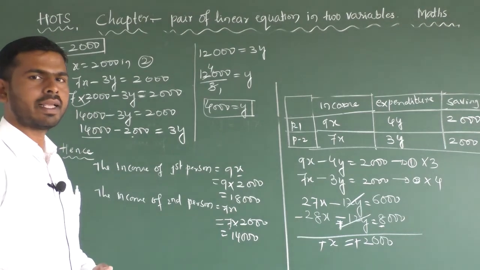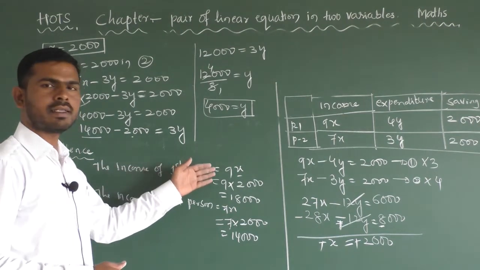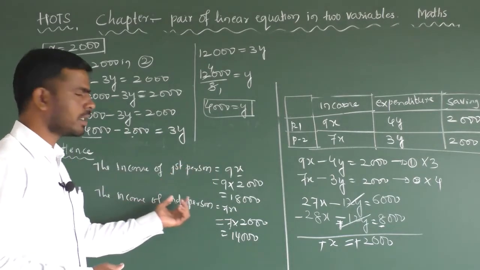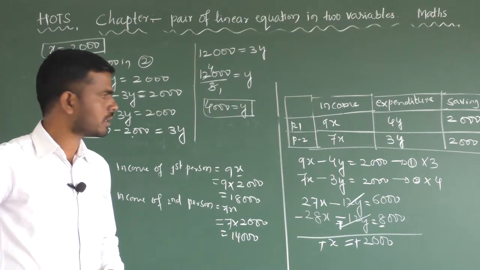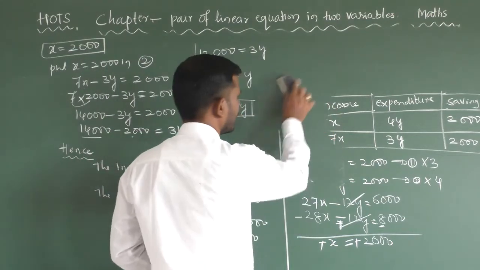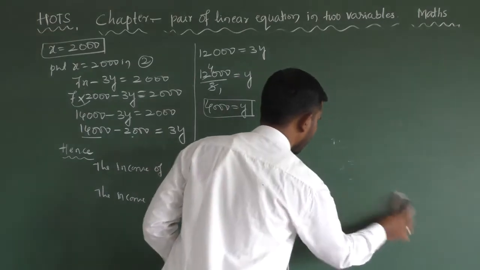You can also find the expenditure: the expenditure of the first person is 4y and of the second person is 3y. If you substitute, you will get the expenditure.